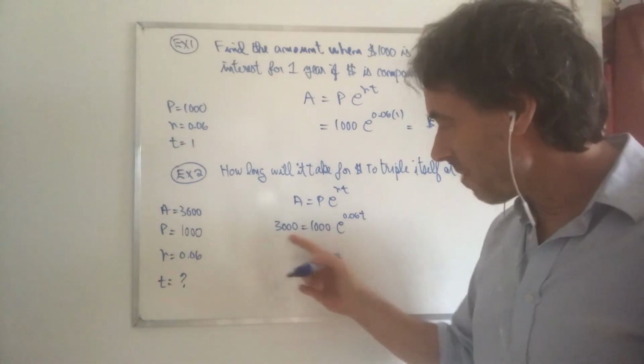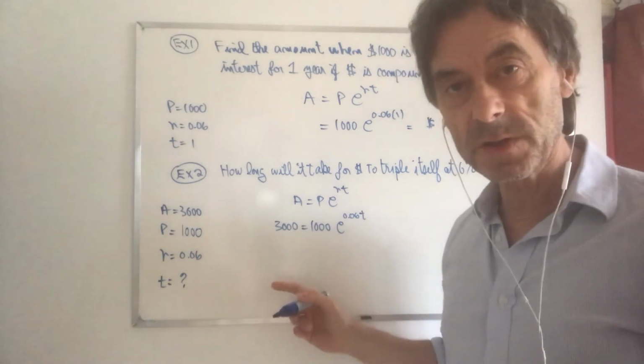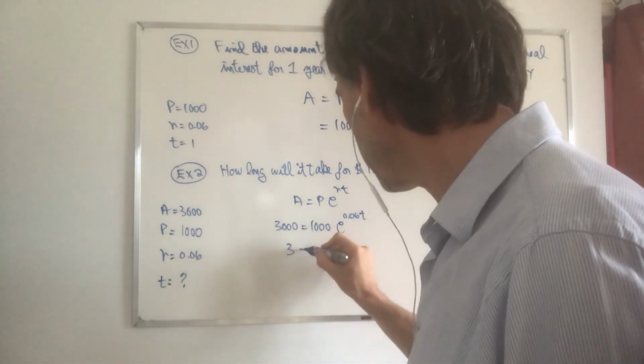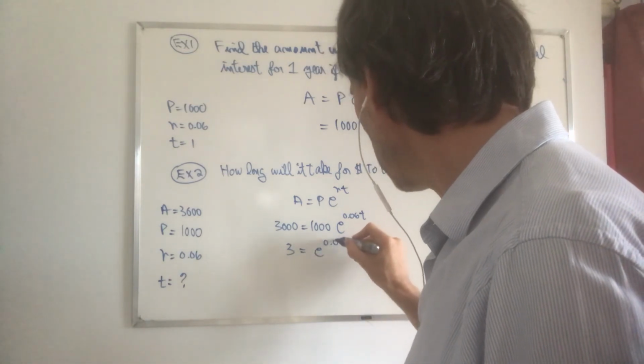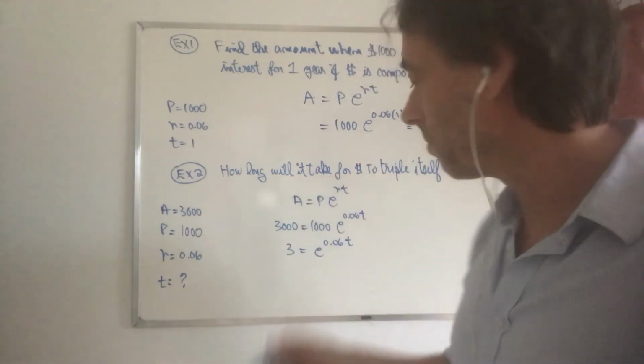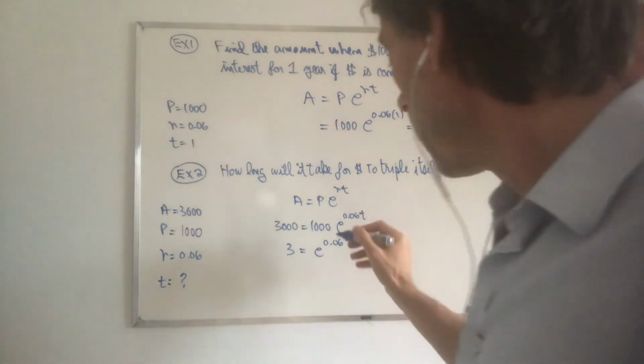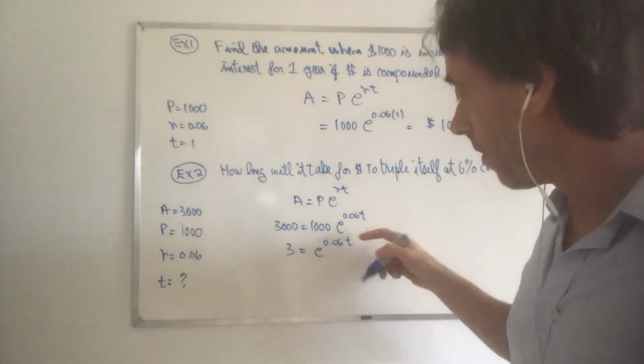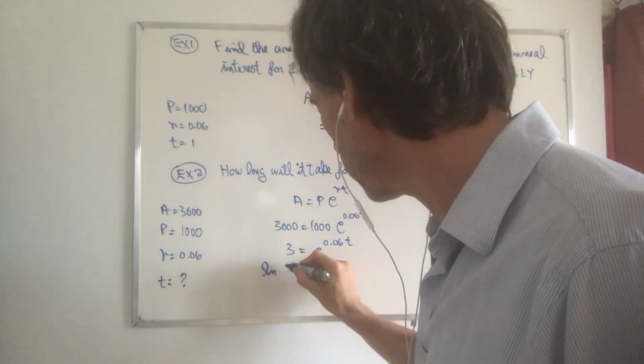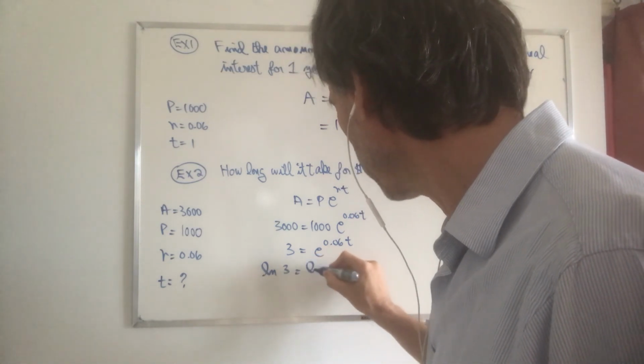You see, it doesn't actually matter what you put there because you're going to divide both sides by 1,000. You're going to get that 3 is e to the 0.06 t because you divided both sides by 1,000. And now you want the t that is in the exponent.